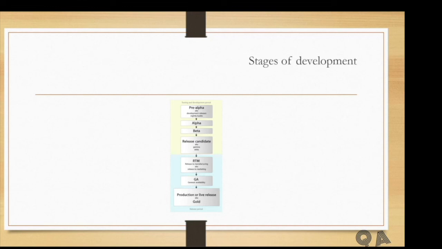The time between RTM and GA, which is release to manufacturing and general availability, can be from a week to 2 months. Normally it takes that time, but still we can release the product. And the next, and most important, is production or live release.